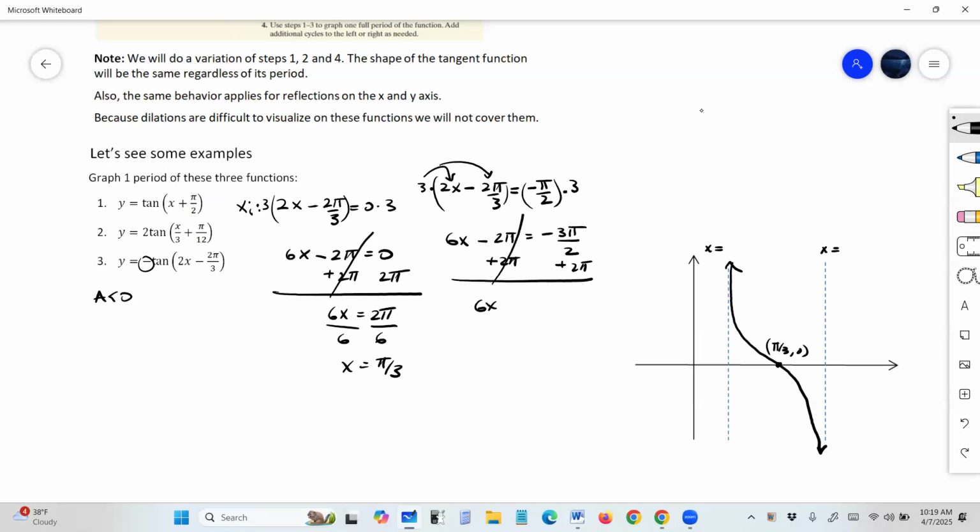I'm going to have 6x equals, so now I have 2 pi minus 3 pi over 2. Now find the common denominator, which is 2, which means that you have to adjust the numerator here. Now, I'm not reviewing addition or subtraction of fractions. If you need to review something, you can just Google this for a couple of minutes, and then review how to find a common denominator. So this will be 6x equals 4 pi over 2 minus 3 pi over 2.